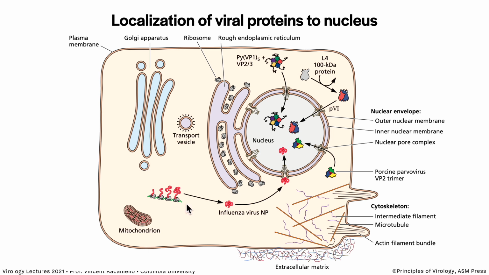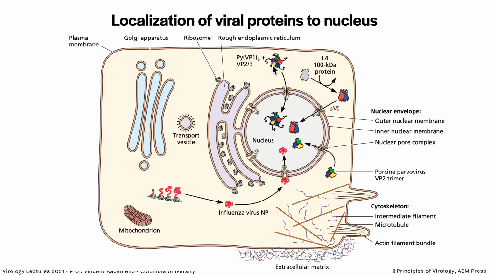Influenza virus nucleoprotein, of course, is synthesized in the cytoplasm, as all proteins are. That needs to get into the nucleus because that is where influenza viral RNAs are made. It's unusual for an RNA virus. And so the nucleoprotein needs to get in there because, of course, it will bind to the RNA. And the nucleoprotein also has an export sequence to get it back out. Here we have a polyomavirus structural unit.